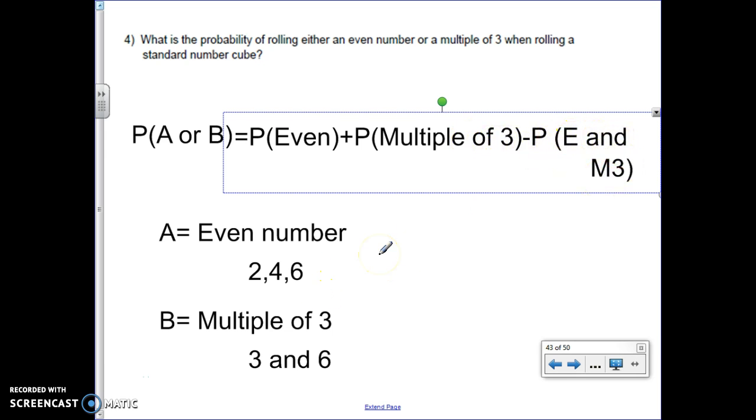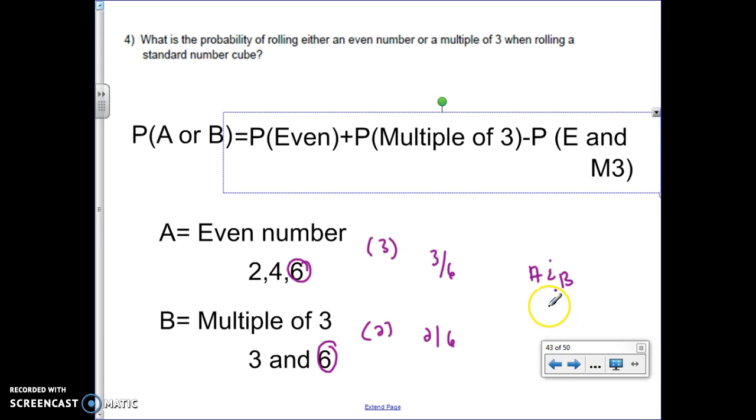If I look at event A, which is even numbers, I have 3 possibilities, so it's a 3 out of 6 chance of being an even number. A multiple of 3 has 2 possibilities, so that's 2 out of 6. Now let's talk about A and B happening at the same time. How many times do A and B happen at the same time? When is my overlap? It only happens once.